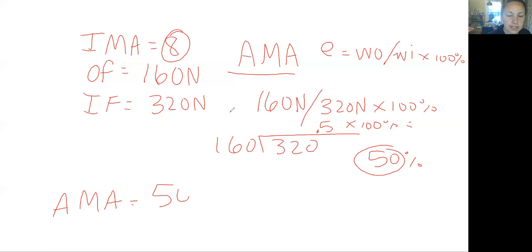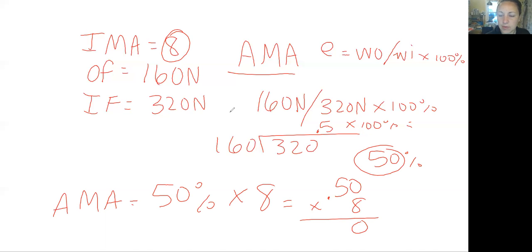So 50% times 8. We would be doing 0.50 times 8, and we get 40. We move our decimal 2 places over, and it equals 4. So our AMA, our average mechanical advantage, would be 4.